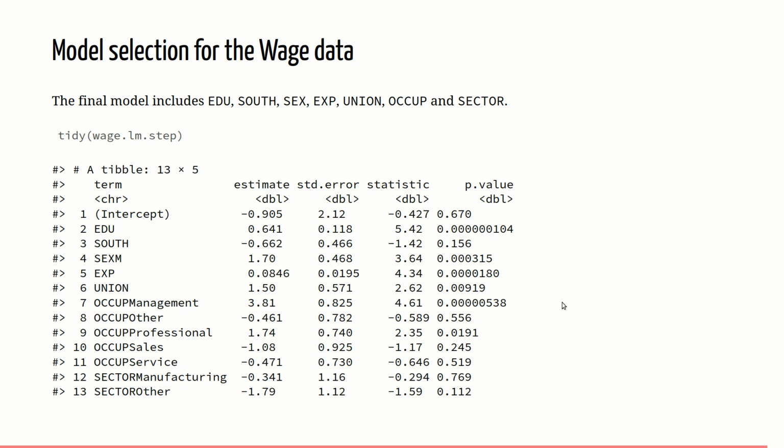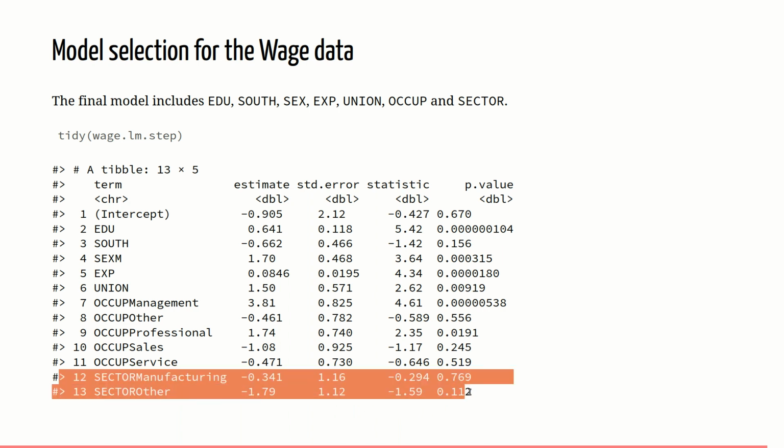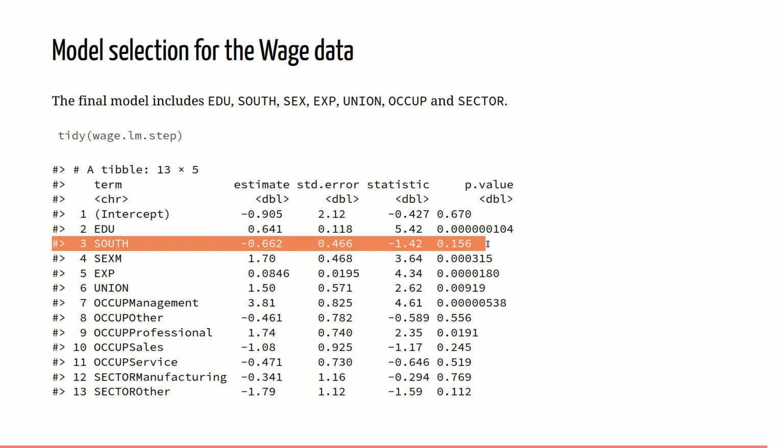Okay, so those are the final things. So you can see here that some things are still included that you might think might not be. So for example, this one here. So we've got sector manufacturing. You can see that the p-values for both entries here are reasonably high, yet this has still been included in the model. Similarly, the south effect, the p-value is reasonably high, yet it's still been included in the model.